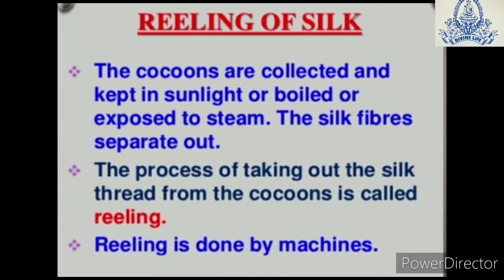Reeling of silk is carried out by special machines. These machines unwind the fibers of silk or threads from the cocoon. Silk fibers are then converted into different kinds of silk fabric like silk saris by the weavers.